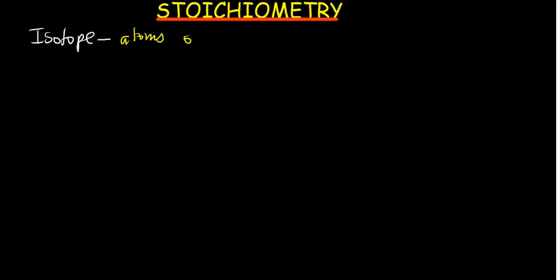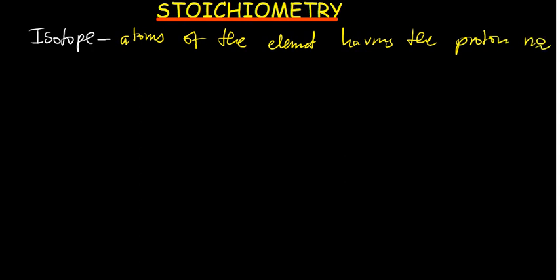Atoms of the same element having the same proton number but different mass numbers or different neutron numbers. Remember, when you want to get a mass, you add the protons and the neutrons.